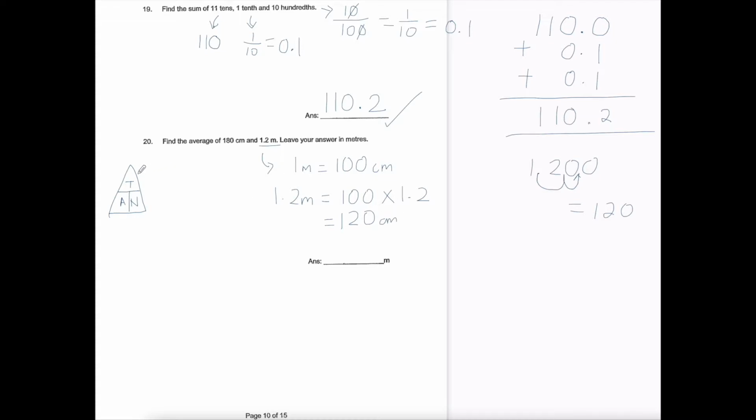Okay, so the total is 180 plus 120. Okay, do our working here. 300. Okay, how many there are 2, correct? So we take 300 to divide by 2 to find average.